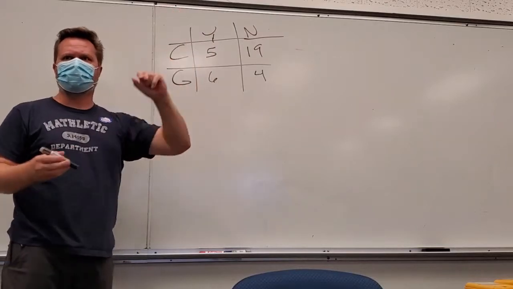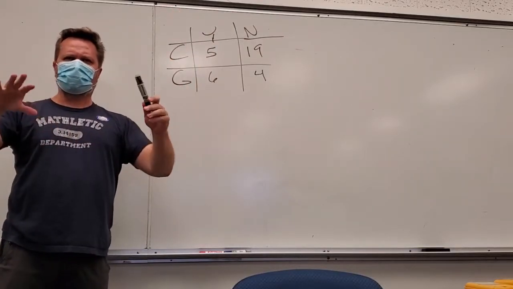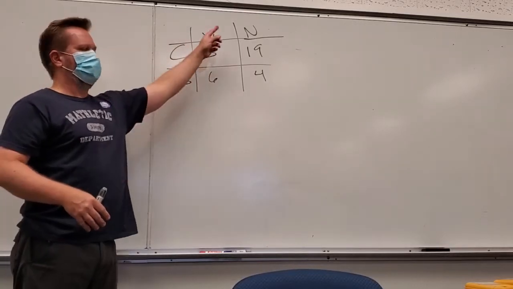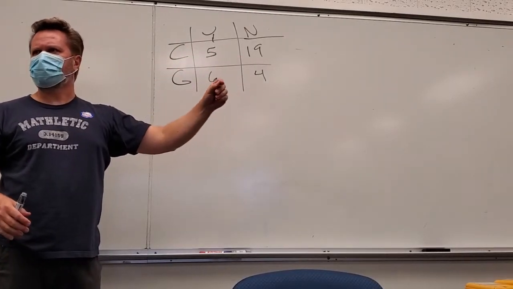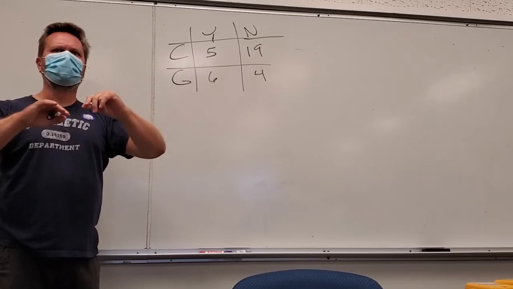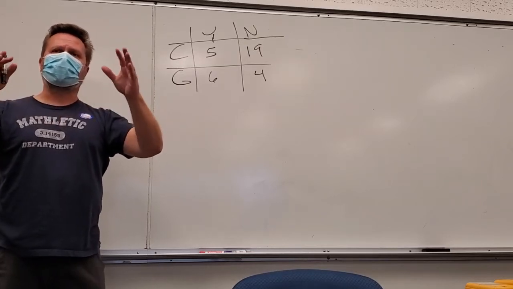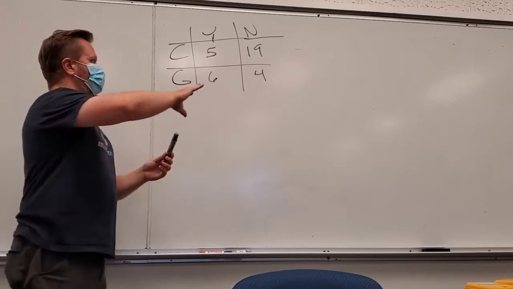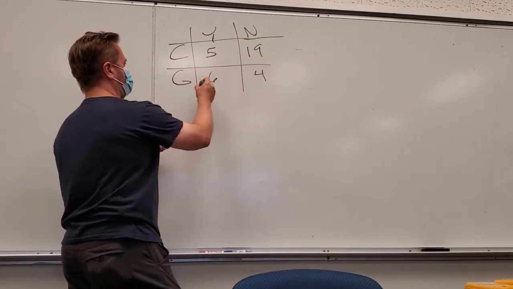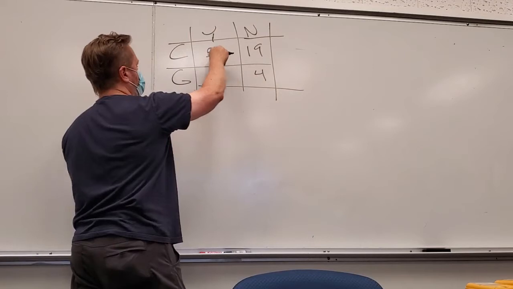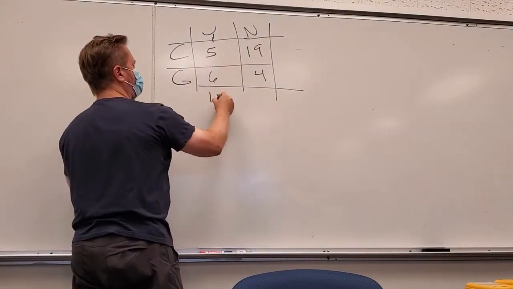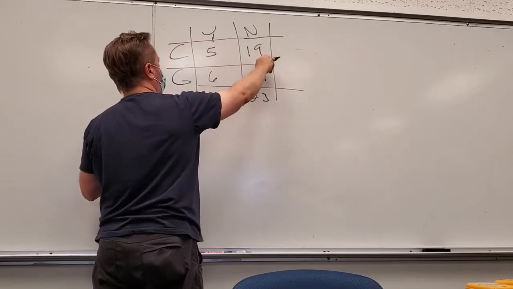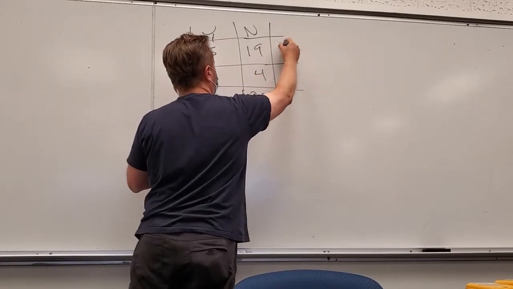I love it. So knowing this is going to be probability questions, what do I want to do with what I've got here? Considering probability is divided by the total number of things, what do I want to do with the numbers? Add them all together. So how many yeses? 11. How many no's? 23. How many Queen Maka students do we talk to? 24.